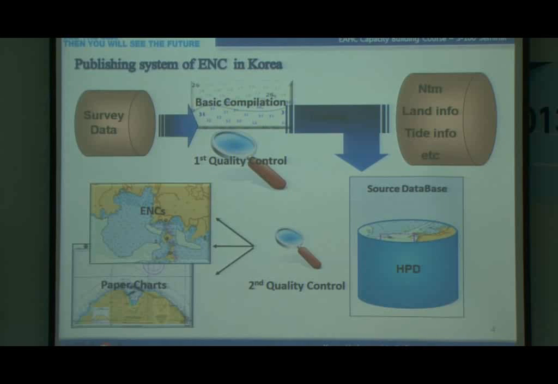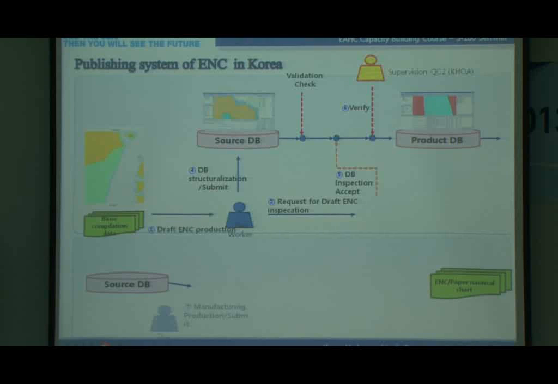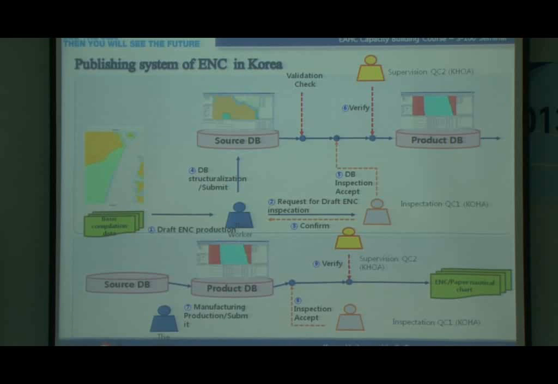There has to be a quality control process before you produce, in this case, the CARIS Hydrographic Product Database. Again, you can ask, what's going to change for S-100 or S-101? Will it be the same? Keep going, Young, if you don't mind.